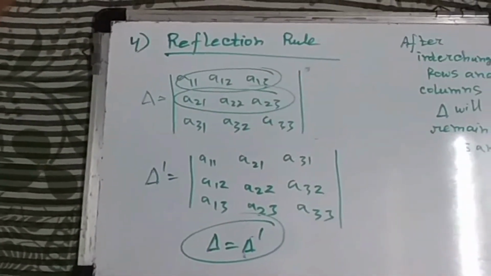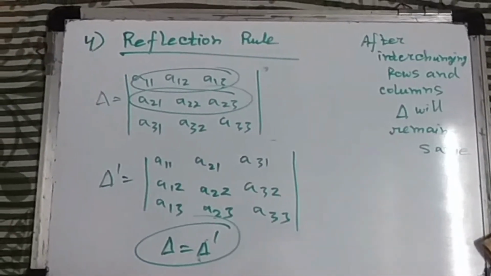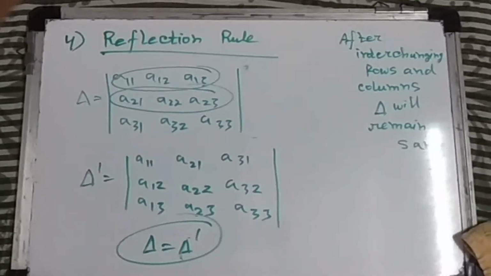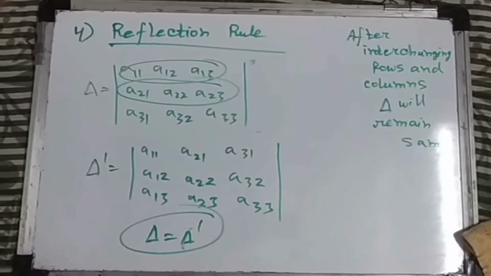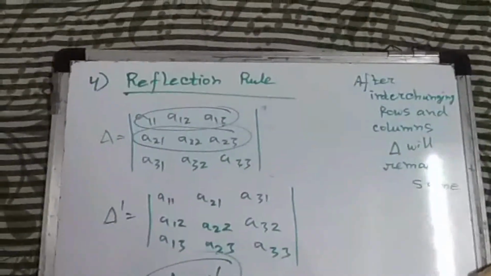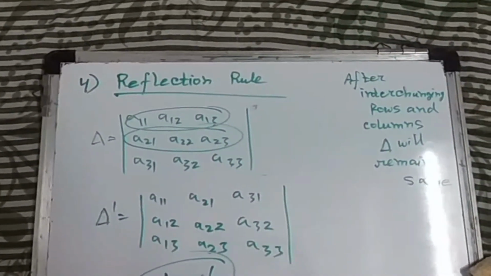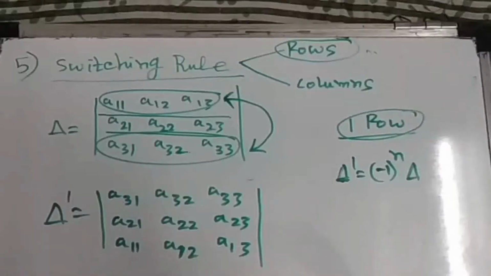You can check it for any 3 into 3 determinant. Okay, so this is the reflection rule. After interchanging rows and columns, the determinant value will be same. In the next video, the next rule, that is the fifth rule, that will be switching rule.